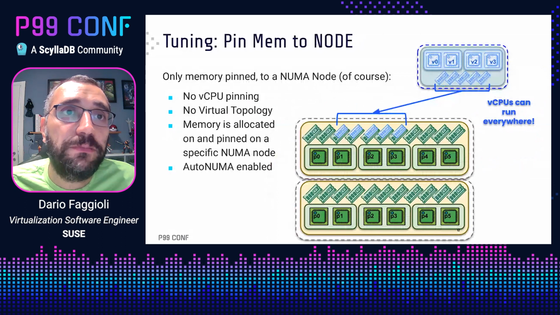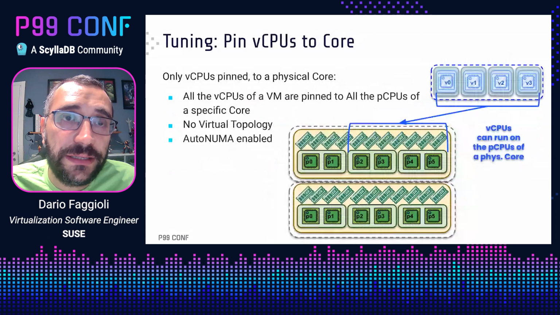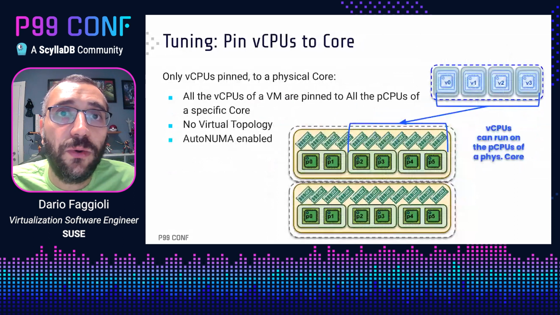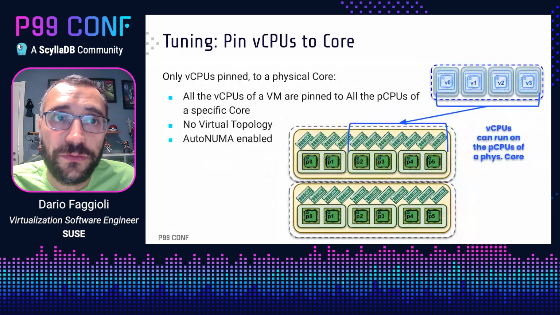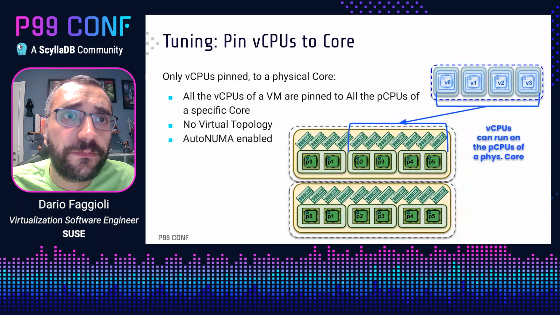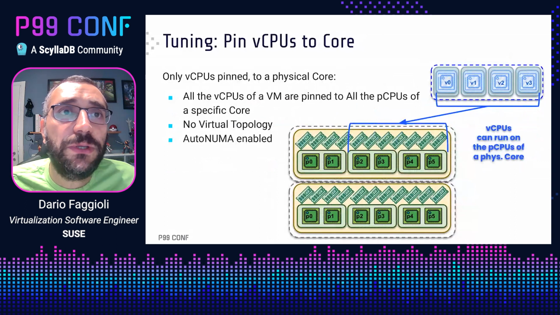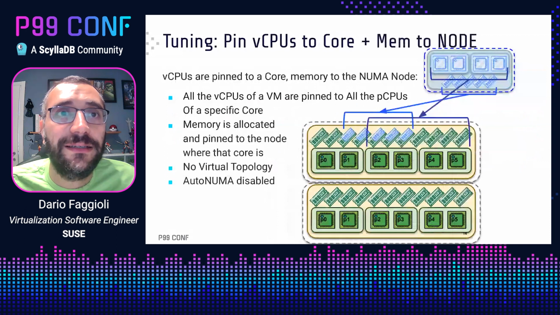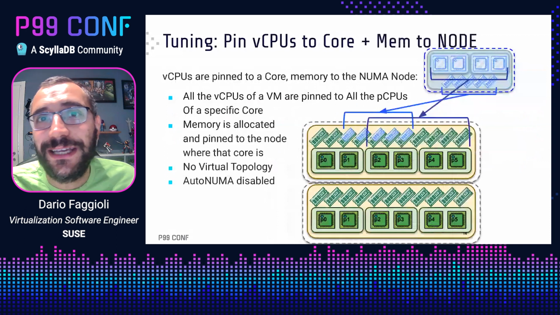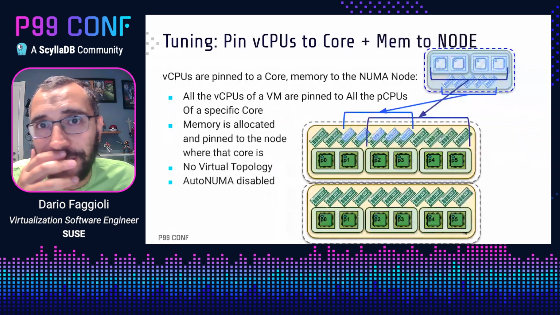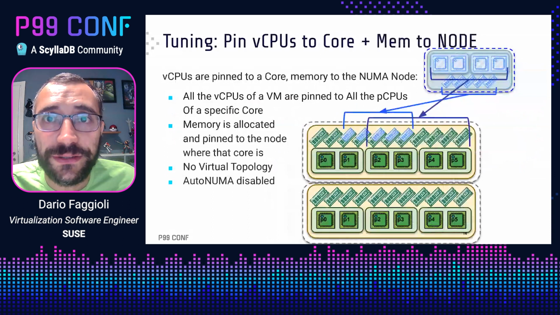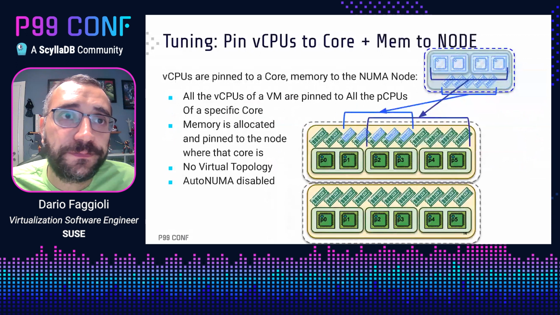Then there was the pin vCPUs to core case, where I pinned all the vCPUs of each VM onto a specific set of cores of the host. So this is not yet one-to-one pinning, but it's definitely stricter than the previous one. Pin vCPUs to core plus mem to node is basically the same as before, with the memory also pinned to the proper NUMA node, and AutoNUMA is now disabled.